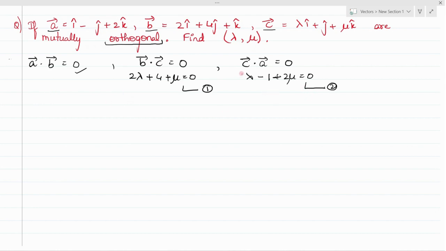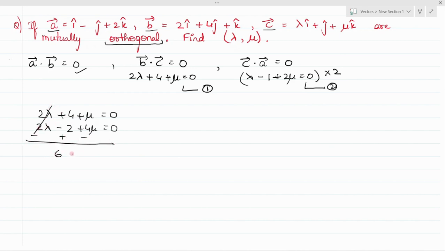Just multiply the second equation with 2. From the first we have 2 lambda plus 4 plus mu is 0. From the second equation, when you multiply it with 2, you will get 2 lambda minus 2 plus 4 mu is 0. So when you subtract, 2 lambda gets cancelled, 4 plus 2 is 6, minus 3 mu is 0.